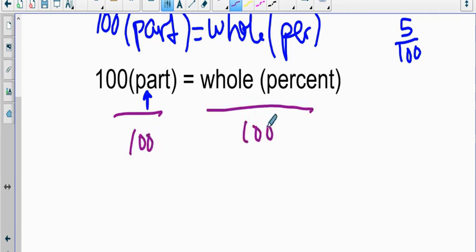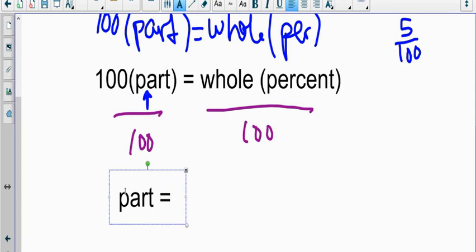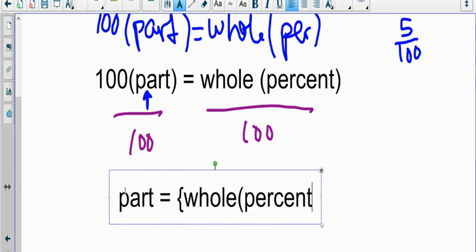That gets the part alone on the left side of my equation, and everything else is on the right. Whole times percent, and all of this is divided by 100.